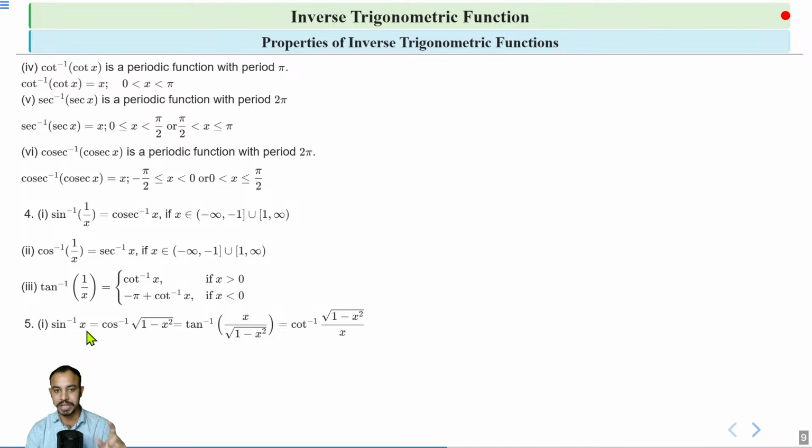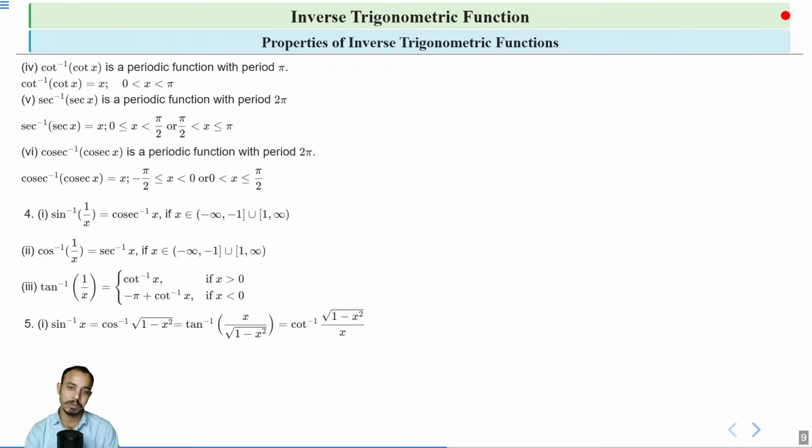If you want to convert sine inverse x into cos inverse of something, what do you do? First of all, you draw a right angle triangle, and sin x is basically perpendicular divided by hypotenuse. Use that concept and convert sin inverse x into cos inverse of something, tan inverse of something, and cot inverse of something.